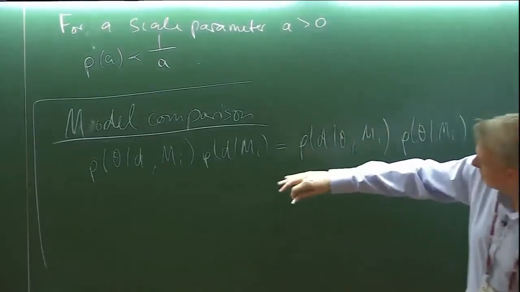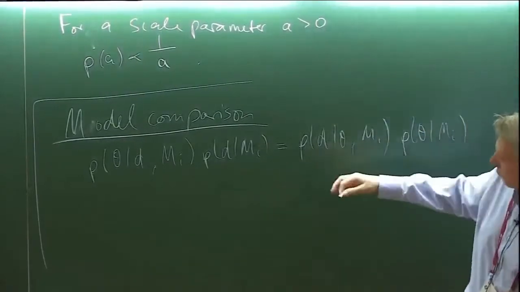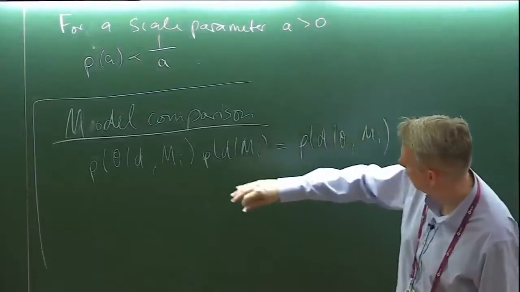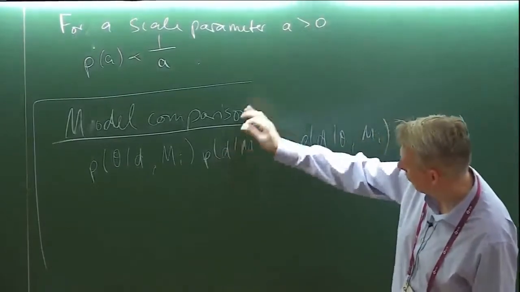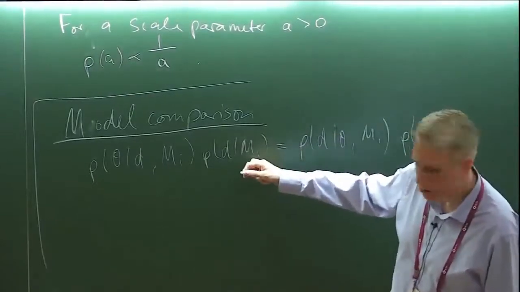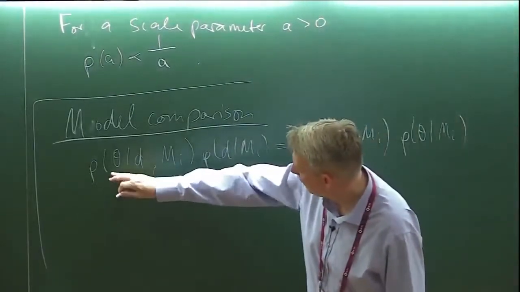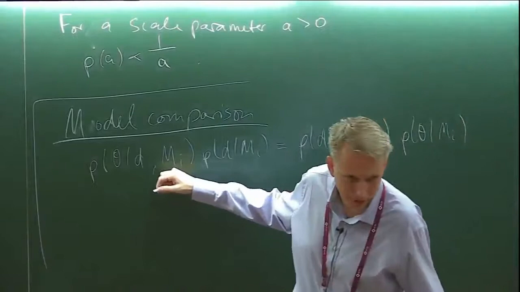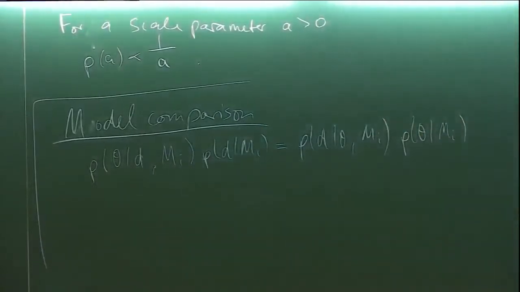So the physical model that we use to predict the data goes here. This is basically all possible data sets that I can predict for any possible parameter within this model choice. And this is the posterior that I get for that model, model MI, okay?